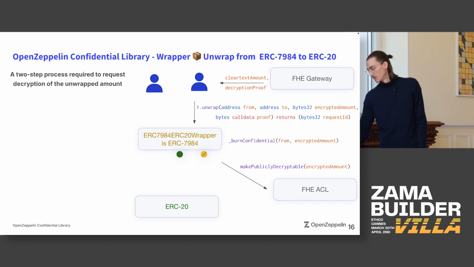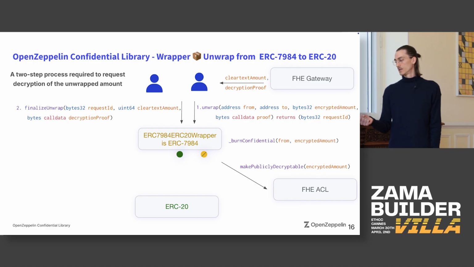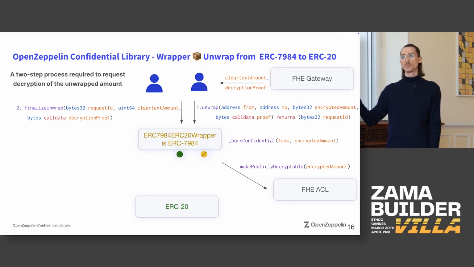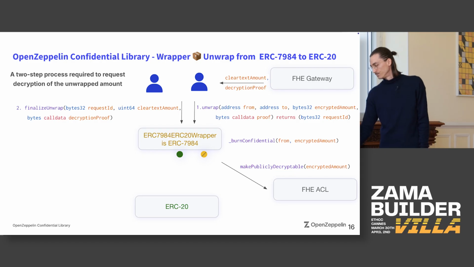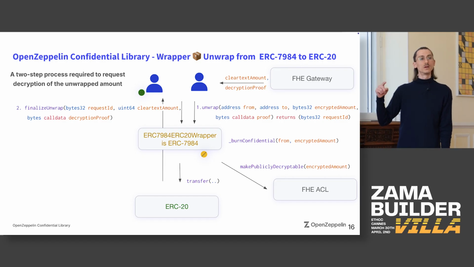Because this encrypted amount is publicly decryptable, the user can get the clear text and the decryption proof, and then is finally able to call the finalize unwrap function. When the user calls the finalize unwrap function with the clear text and the decryption proof, if the decryption proof is valid, then the wrapper transfers the non-confidential token to the user in green.